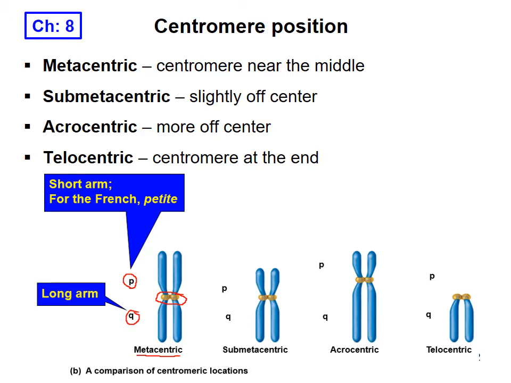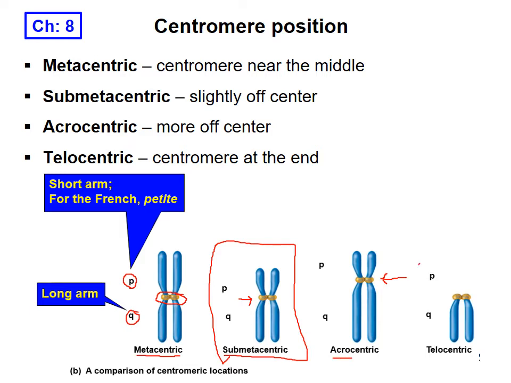If the centromere is slightly off the middle, then we call it submetacentric. We can take a look at our second illustration, and you can see that the centromere is slightly off. Obviously, there will also be a scenario where we have a more off-center location where it will favor one arm over the other. If we see that happening with our third example, that is called an acrocentric centromere.